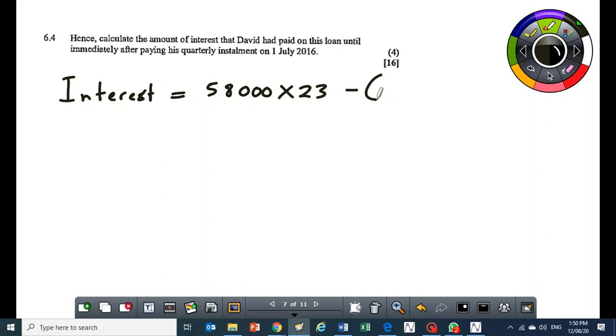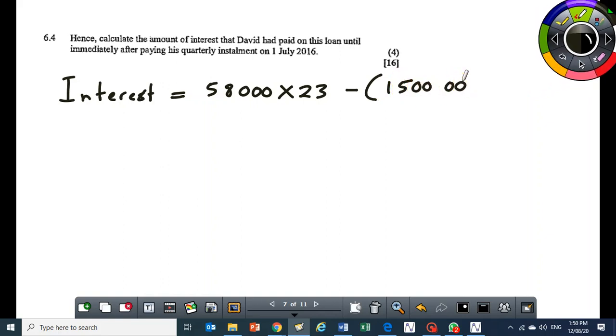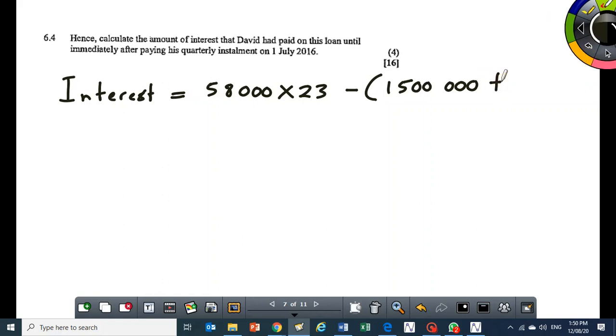So if you borrowed 1,500,000, this is the amount which was originally borrowed. Now we need to add the amount that the person is going to have to pay in terms of the balance outstanding after that 23rd payment.